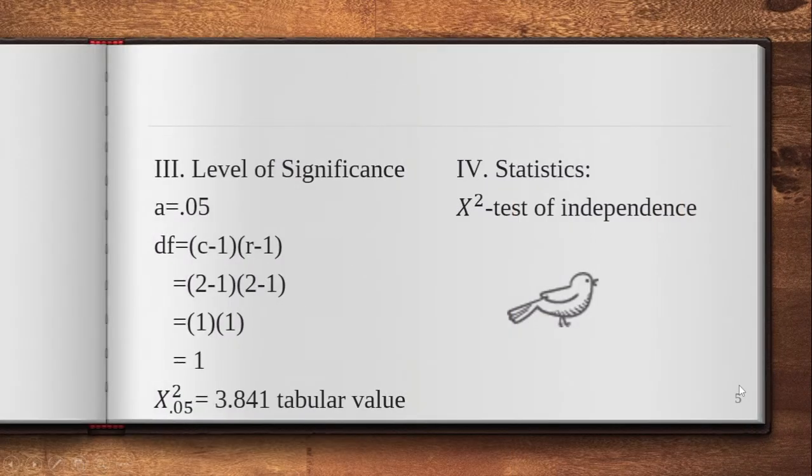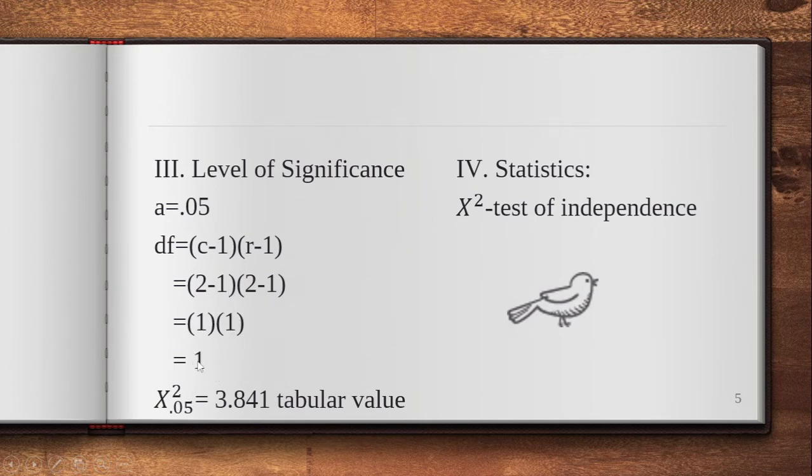Now, the level of significance is alpha equal to 0.05. The degree of freedom is equal to C minus 1 times R minus 1. Because we have 2 columns and 2 rows, we have 2 minus 1, which is equal to 1, and 2 minus 1 is equal to 1.